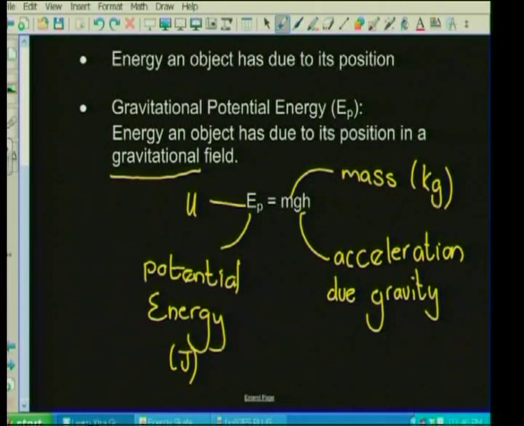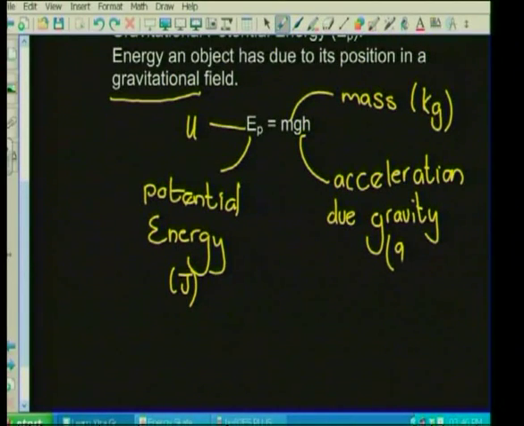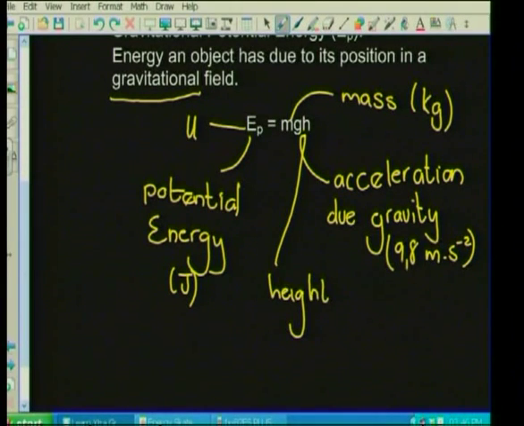I'm hoping you also all remember that acceleration due to gravity is very specific, in that it is 9.8 meters per second squared. And then the last one is h, which is height, and that is measured in meters.